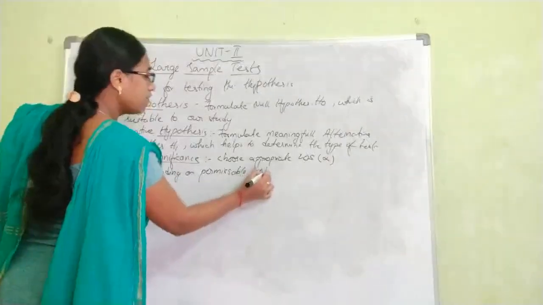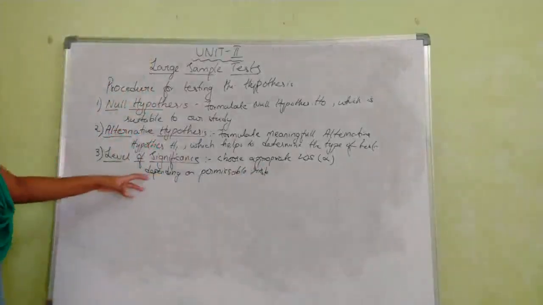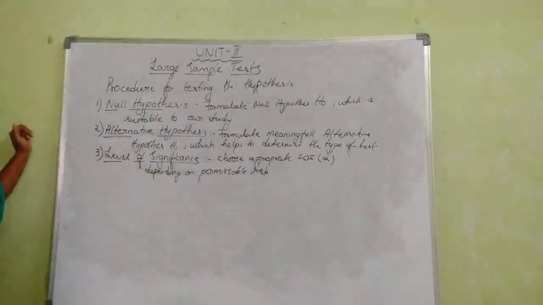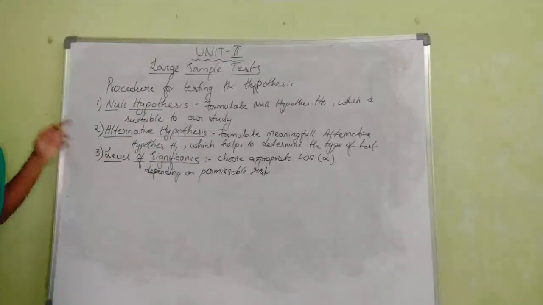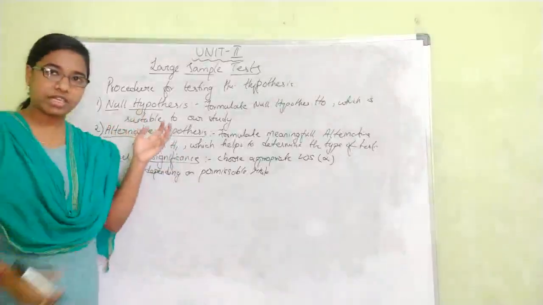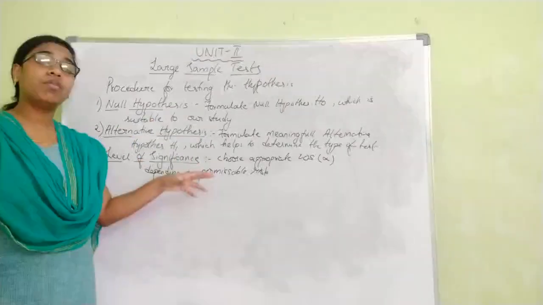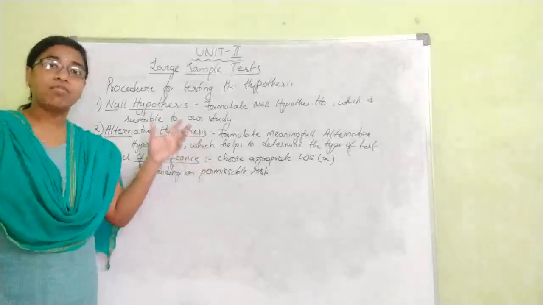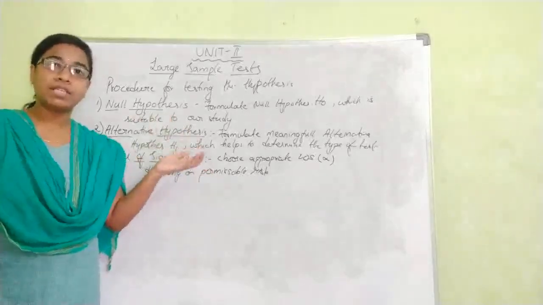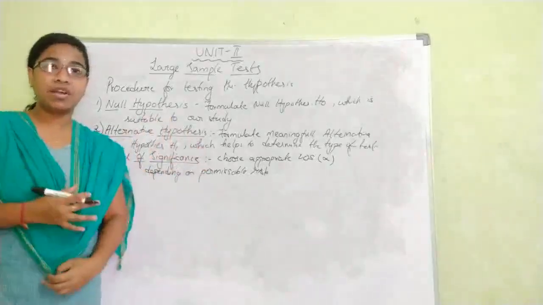Level of significance means it is the amount of risk we are going to take, right? So based on that only we have to consider the level of significance. That is based on which type of test we are conducting, what the population is, and what amount of risk is permissible. The same 5% may not be suitable for all kinds of tests.